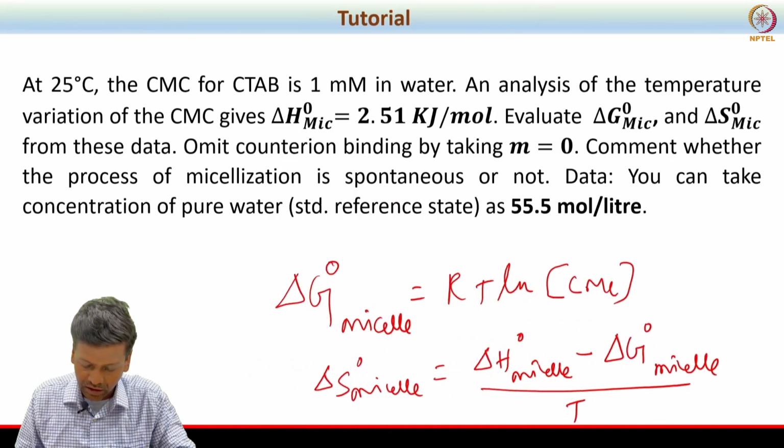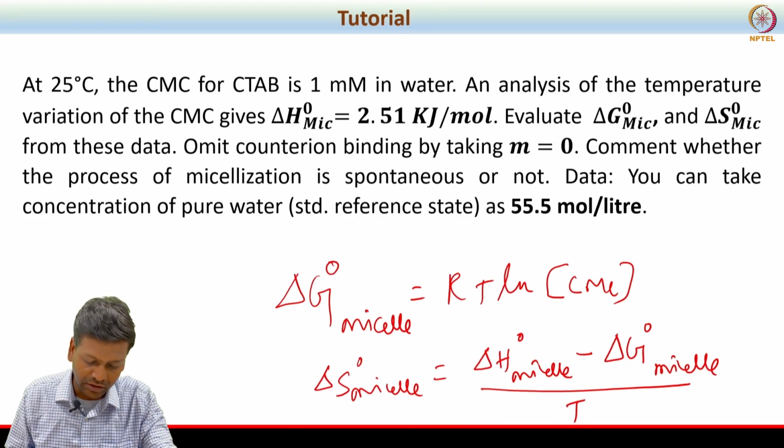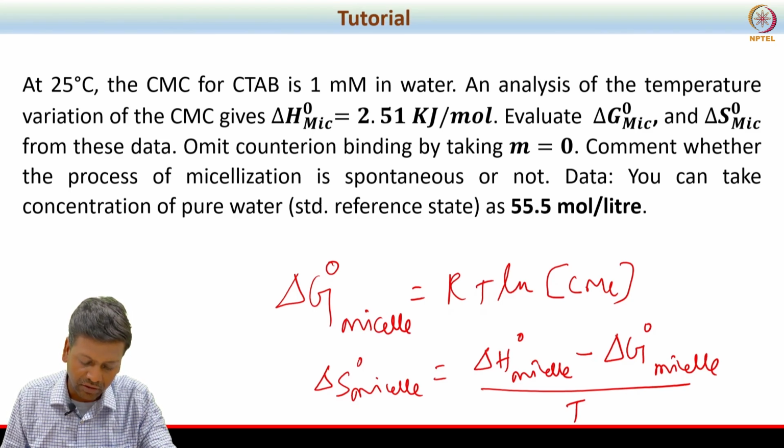Now we will see a tutorial based on the CMC, critical micellar concentration, which we have seen in the previous lecture, when we derived the change in Gibbs free energy for micelle. So when we derived the change in Gibbs free energy of micellization, we know that this equation exists, right.